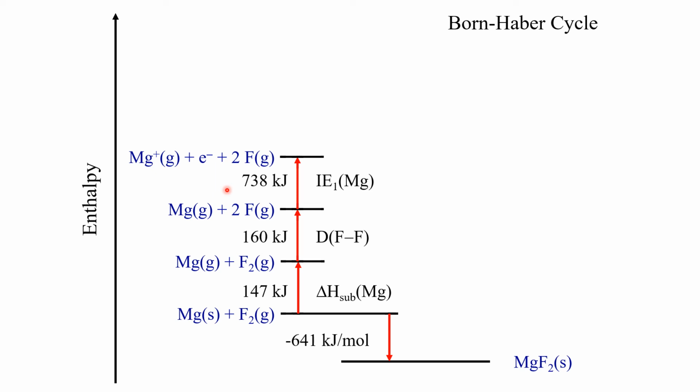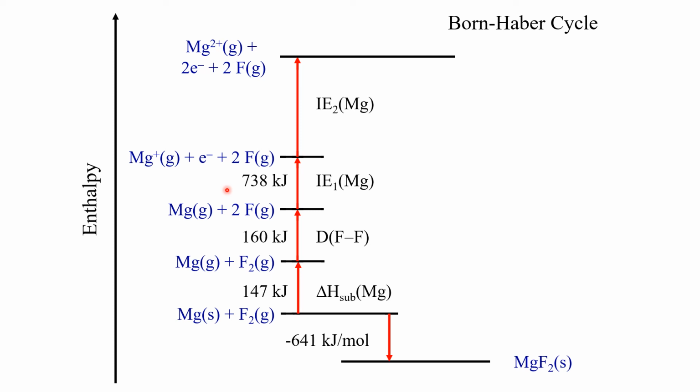But it's not magnesium plus 1 that is in the compound, it's magnesium plus 2. So we need to take out a second electron. That would give us magnesium plus 2, 2 free electrons, and then we still have the 2 fluorine atoms. And you look up the second ionization energy of magnesium, and that comes in at 1450 kilojoules. So at this point, we have added almost 2,500 kilojoules and not really gotten anything back yet.